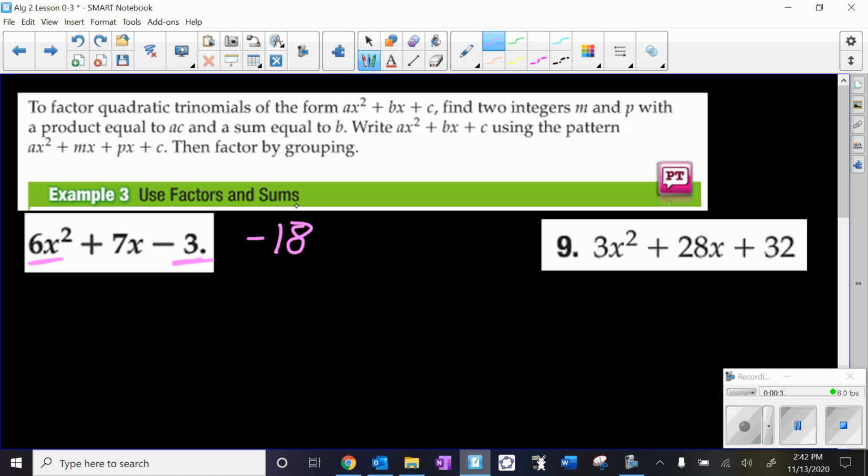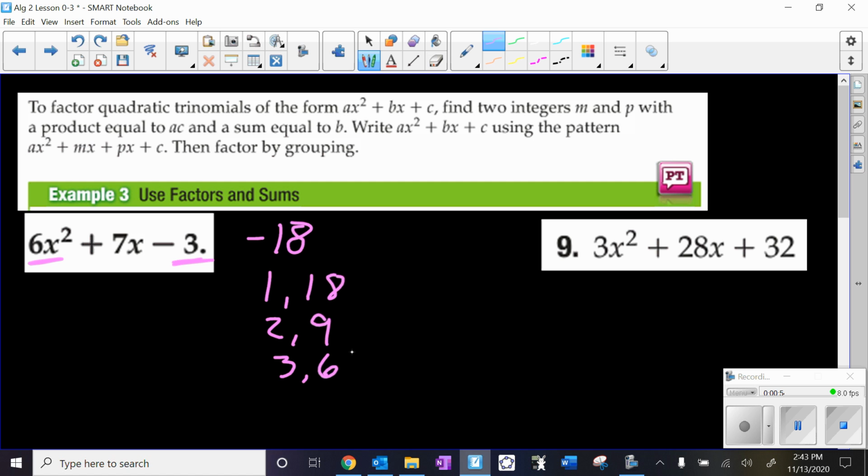I need to come up with all the factors of 18 now. So 1 and 18, 2 and 9, 3 and 6. The negative really doesn't matter when trying to find the factors.